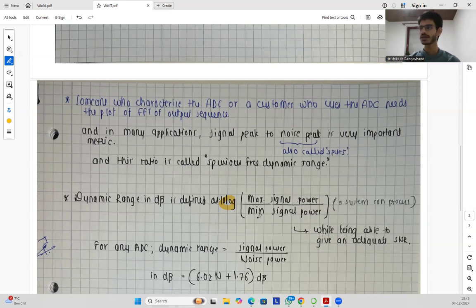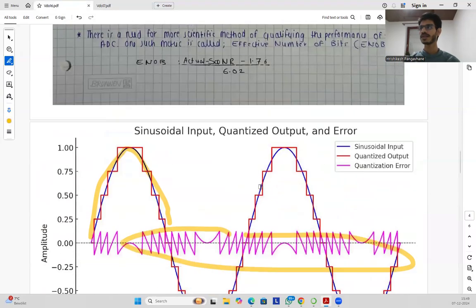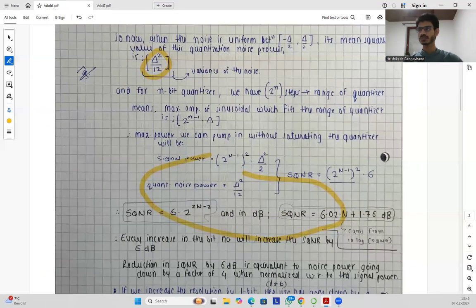In that condition, the dynamic range is the maximum signal power divided by the minimum signal power. For any ADC, it is the signal power divided by the noise power, and we have seen this in the previous video: 6.02 times N plus 1.76 dB. We derived this last time.